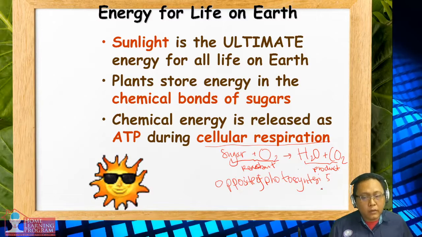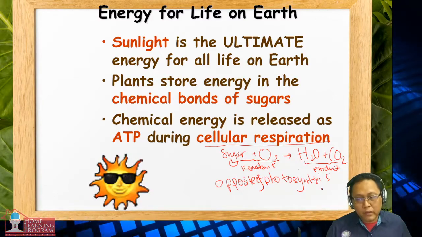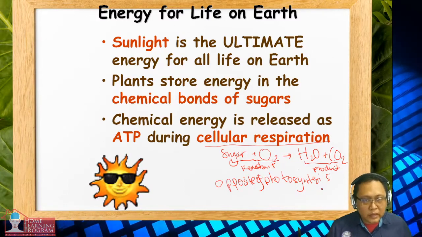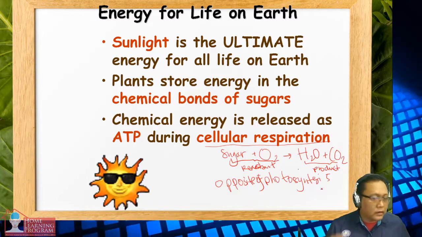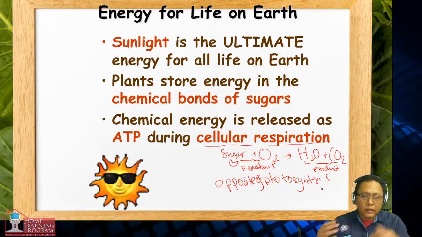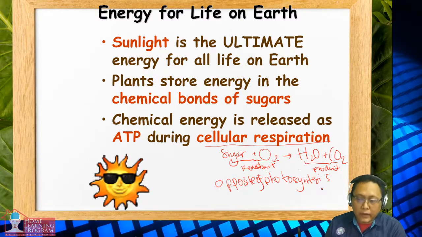And the product of cell respiration, which is water and carbon dioxide, will be used as a reactant for photosynthesis. So these reactions complete each other, the circle is complete, everyone is happy, and this process can continue on and on as long as what?